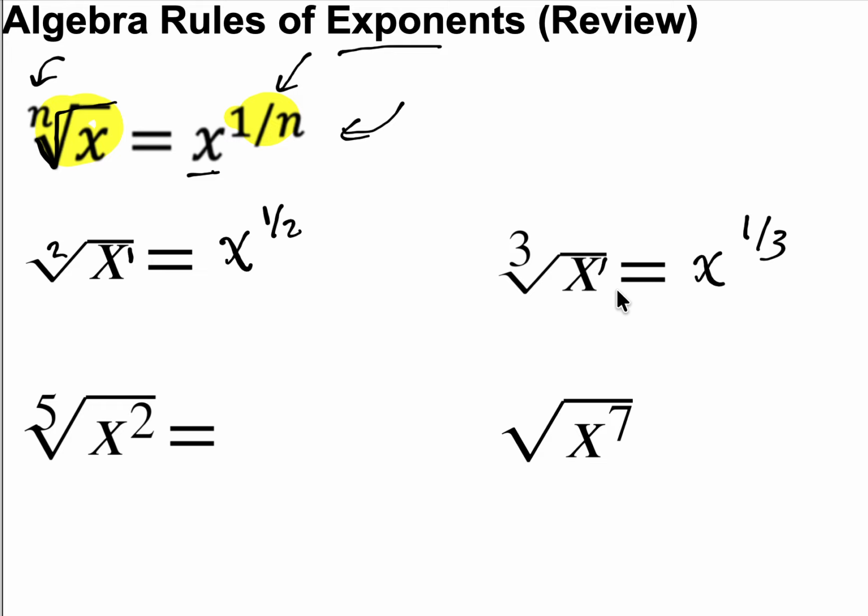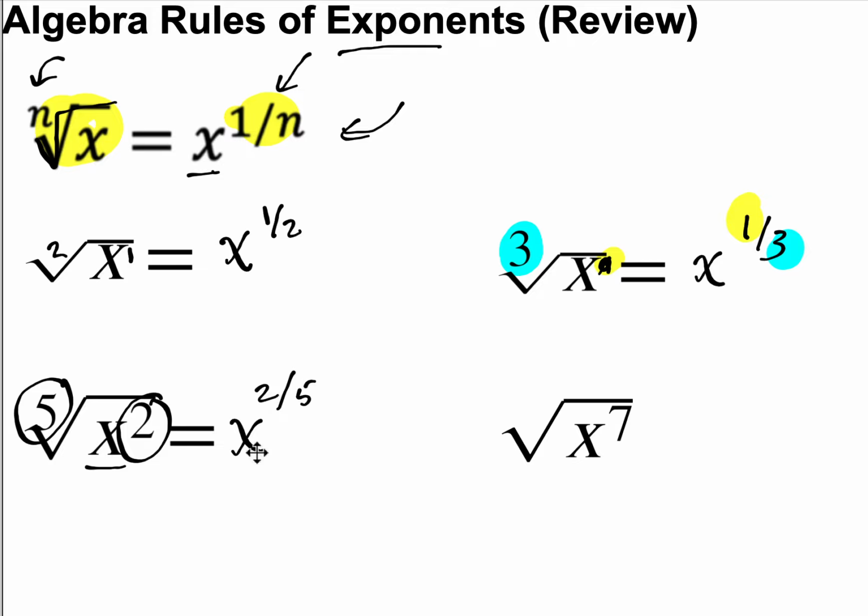So whatever the power is underneath the radical here, that goes in the numerator. And whatever this root index here is, it goes into the denominator. So let's take a look at this last example here. My variable is x. The numerator of the fractional exponent is going to be 2. The denominator is going to be that root index.